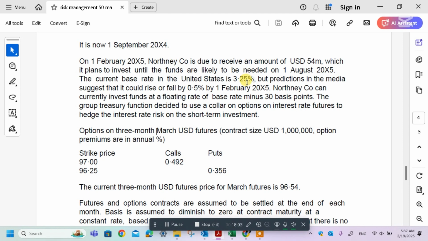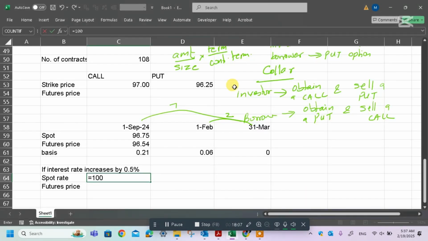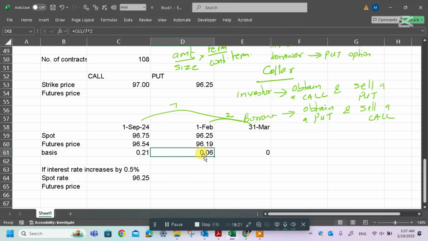If it increases by 0.5, it is going to be 3.75. So 100 minus 3.75, 96.25. So futures price has to be the difference of these two, this minus this. So futures price will be 96.25 minus 0.06, 96.19.